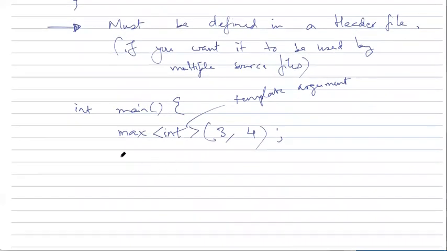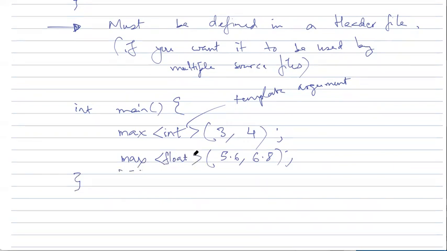That's all. The idea is very simple. And likewise, if you have to compare now 5.6 and 6.8, right? Then you want to specialize with the template argument float as opposed to int. So you can immediately see the advantage of this.